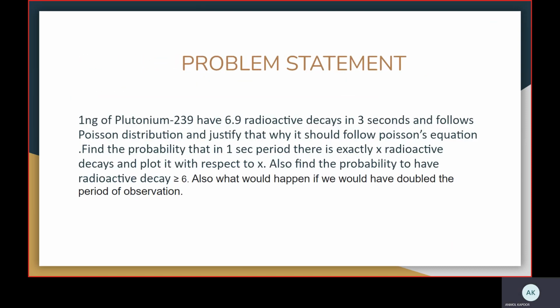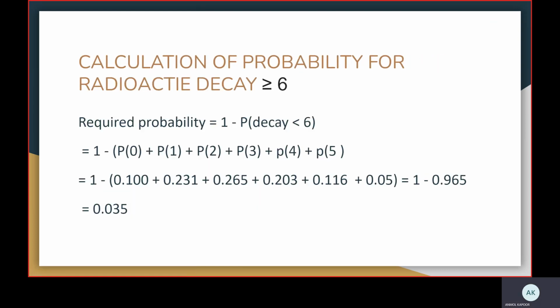We are also asked the probability of having radioactive decay greater than or equal to 6. We know that probability of x is equal to 1 minus probability of x complement. So we are going to say that required probability is equal to 1 minus the probability of having decay less than 6, which is 1 minus (p0 plus p1 plus p2 plus p3 plus p4 plus p5).